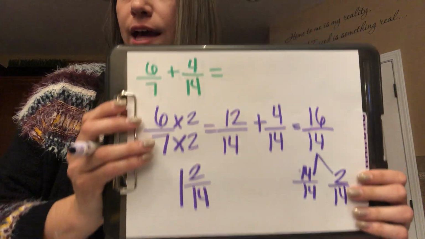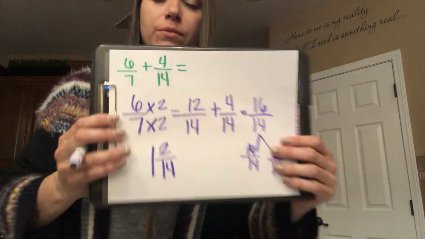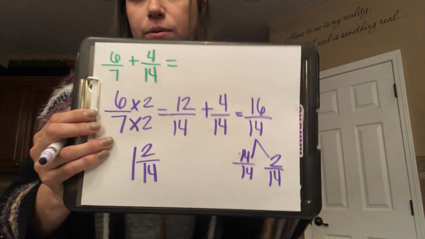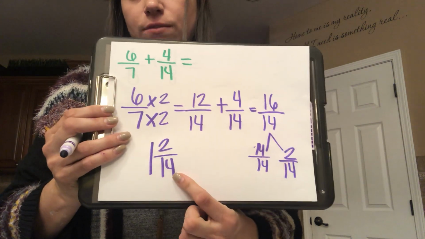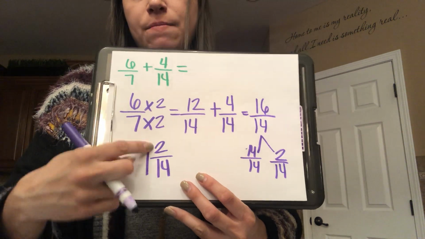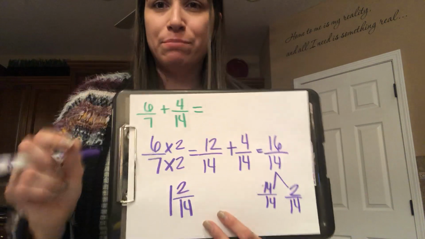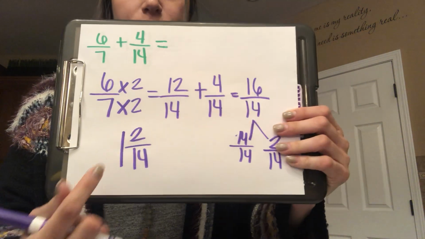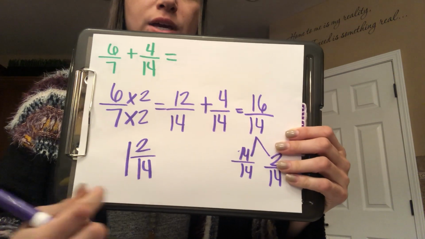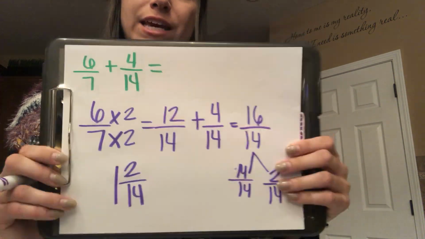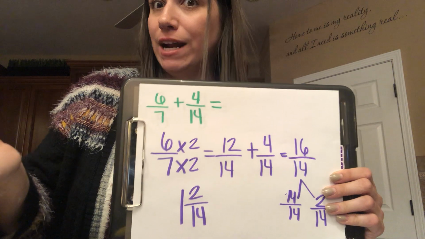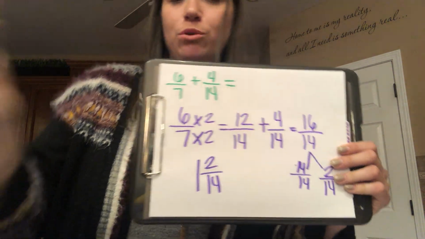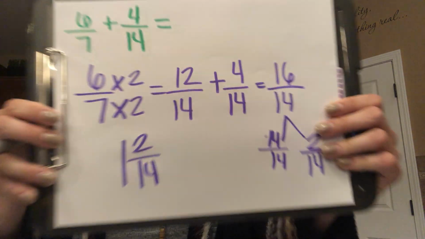And then if you're thinking ahead, remember this is what we just started to do before we left school: we're going to divide the top and the bottom by the same number to simplify. Simplify is a fancy word that means you're making the numbers as small as you can. And they're the same fraction because you're dividing by the same number on the top and the bottom, just like we multiply, but the opposite way.